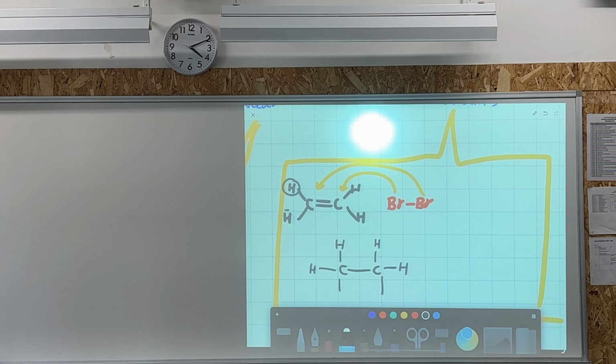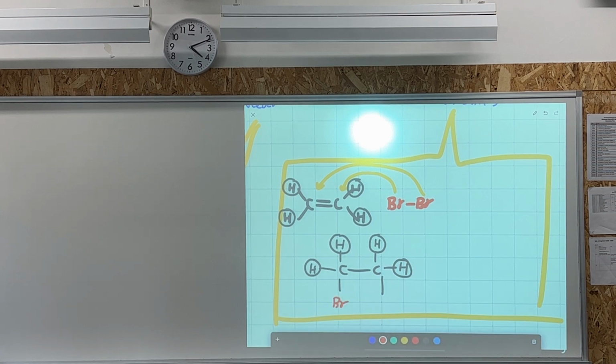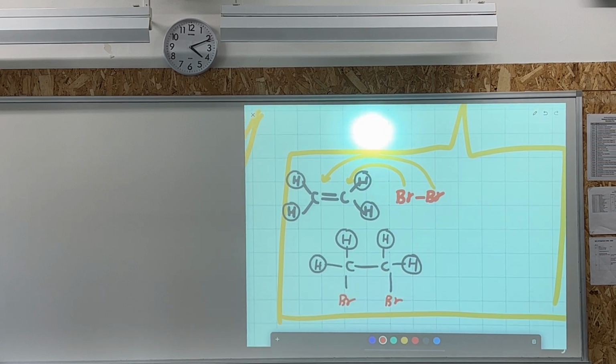Can you see that these 4 H's remain unchanged, right? These 4 H's were there, and they are still here after the reaction. It is only the Br that goes in. Dibromoethane. Still, you are missing a number.